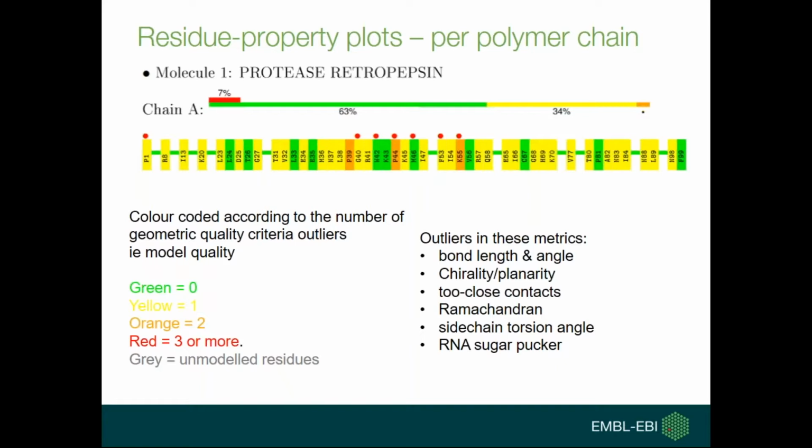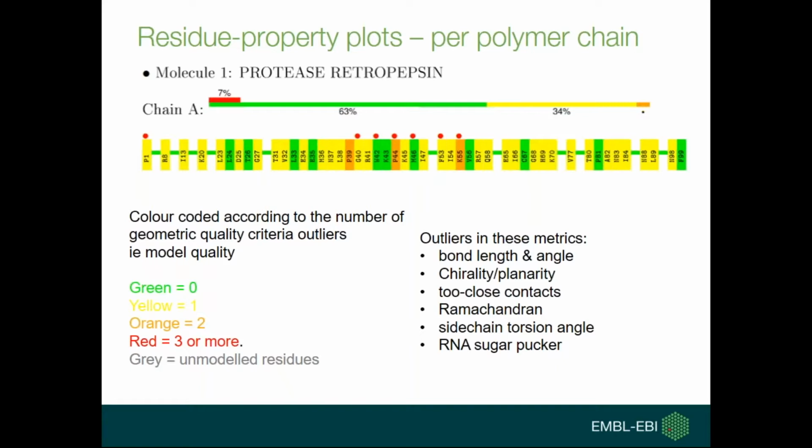We know some residues are not built into particularly X-ray data because they're mobile and they can't be seen. In this case, there are no unmodeled residues in this example. And those outliers are listed in the metrics that I've given on the right. Bond lengths and angles, chirality issues, too close contact, so clashes, Ramachandran and side chain torsion angles, so peculiar torsion angles, and RNA sugar pucker.